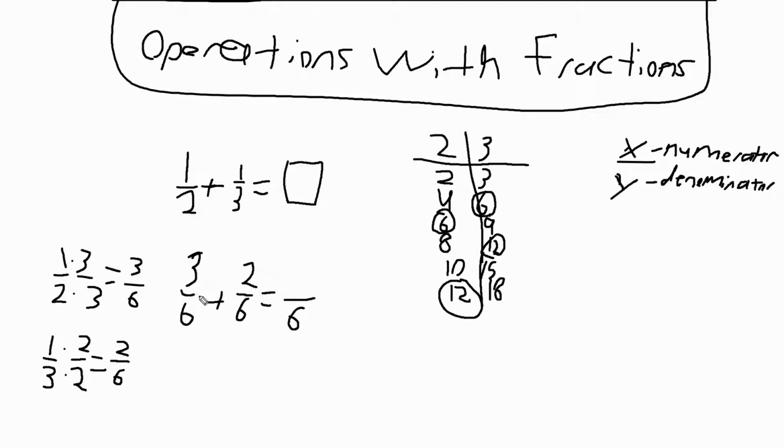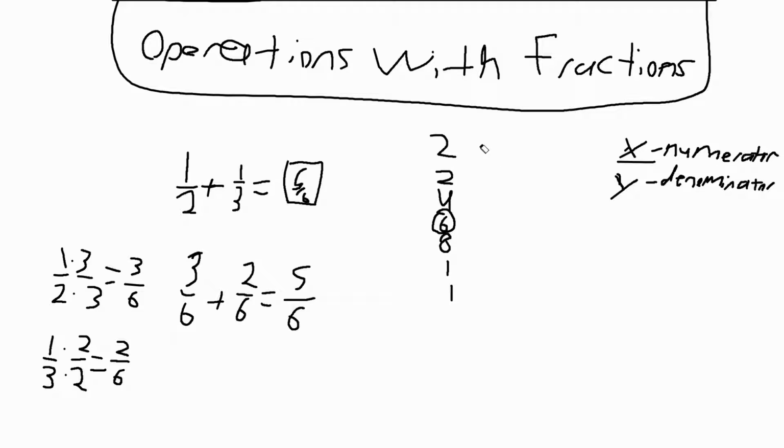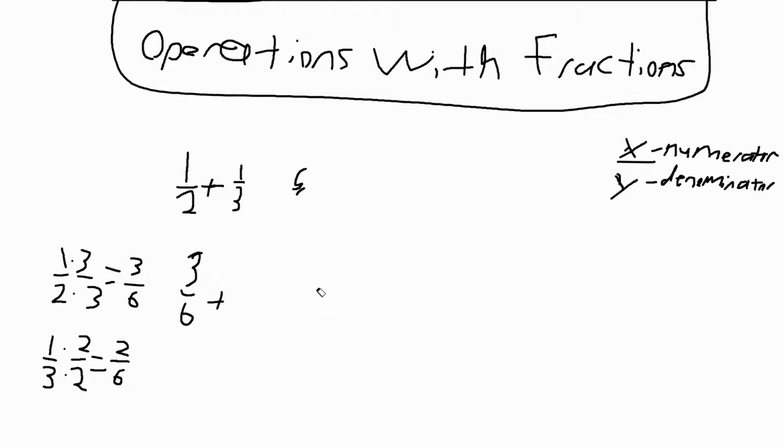The denominator stays the same here. So we just add 3 and 2, and then we get 5, so the answer is 5 over 6.